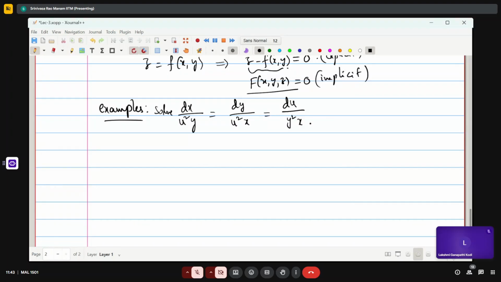Here u is basically your z, so if you don't get confused, u is your z. So let me write it as z square y, then dy by z square x, and dz by y square x.